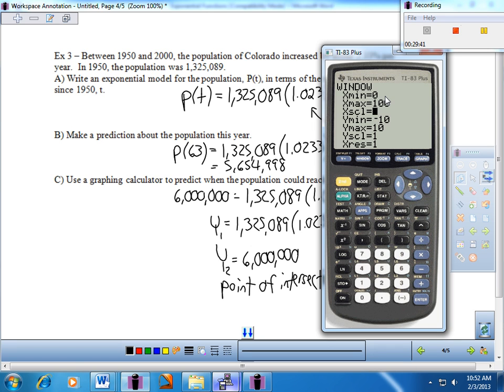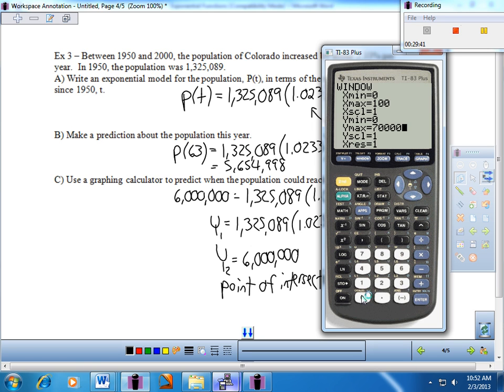So, just a century from the beginning of the model. And then this is the population. Obviously population can't be negative, so I'm going to go ahead and throw a 0 in there. Again, not that it matters. We know the population starting in our model is 1 million. I like starting at 0. That's just me. And we have to get up to 6 million. I like leaving a little buffer just so it's not all the way at the top.